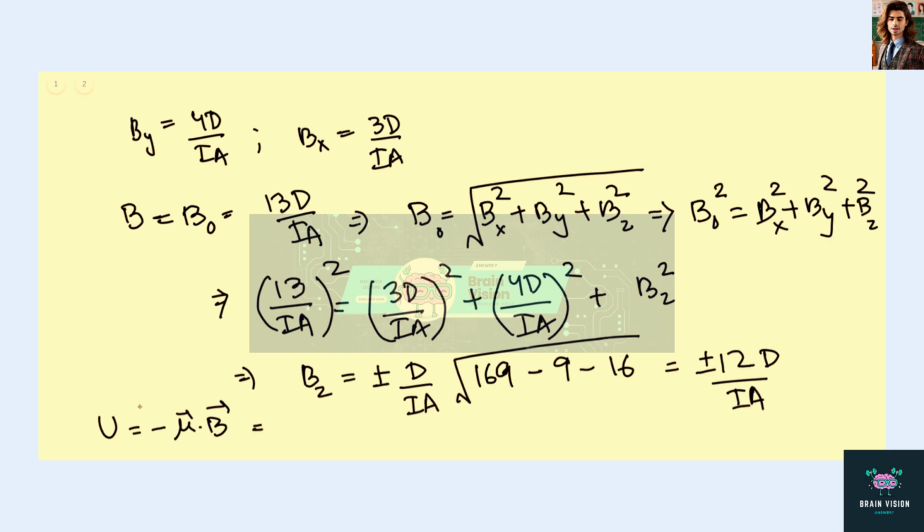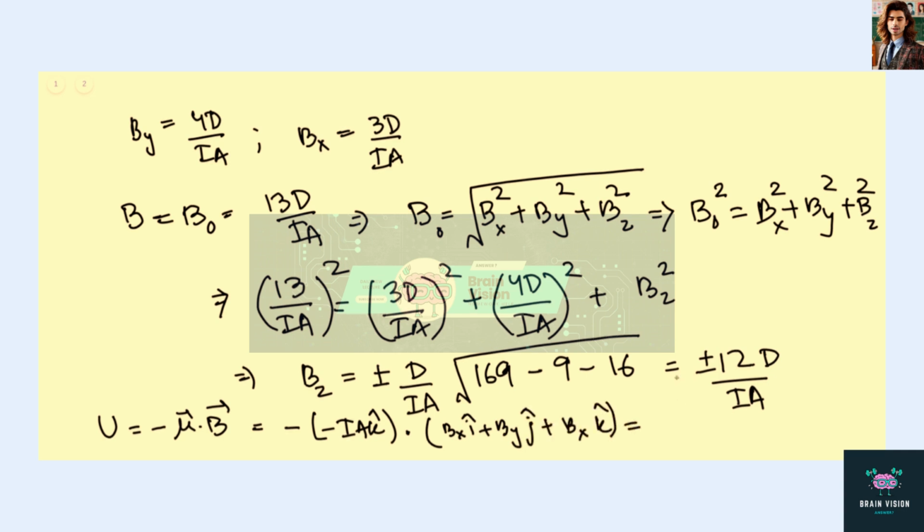So let's see what we are getting for the potential energy using the values of mu and B that we have. So mu is basically negative IA k cap dot product with Bx i cap plus By j cap plus Bz k cap.